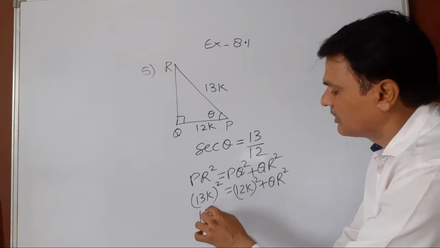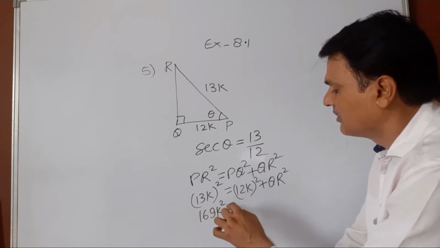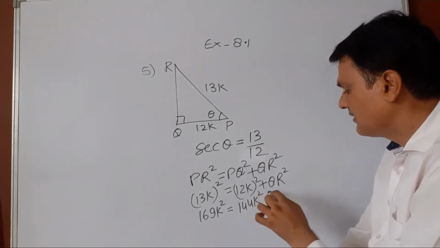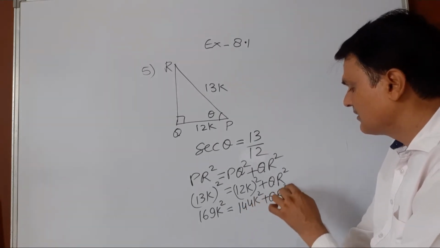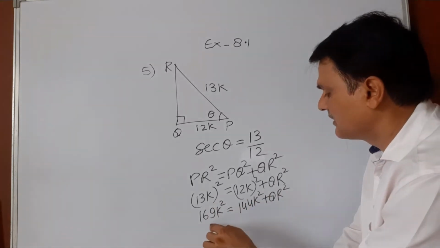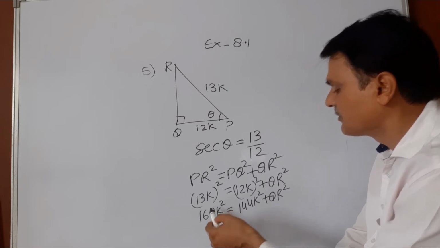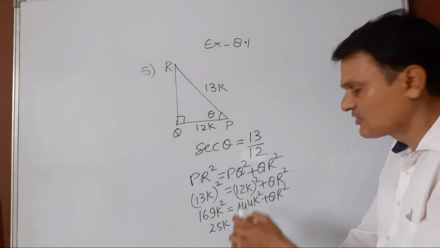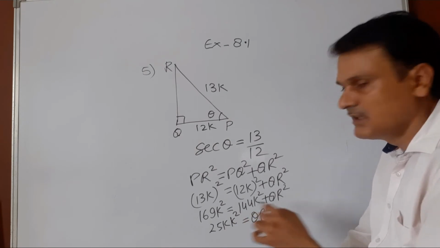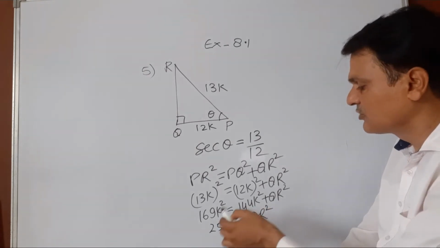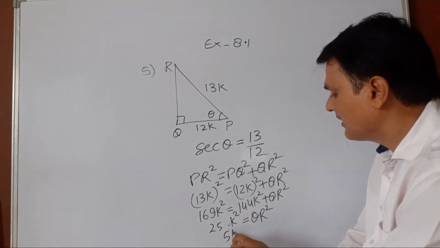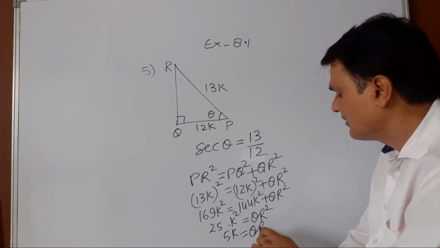So this is 169K square equals 144K square plus QR square. Now we transpose QR square to the left side. On subtracting 144 from 169, 25K square equals QR square, and then by taking the square root of both sides, we get 5K equals QR.